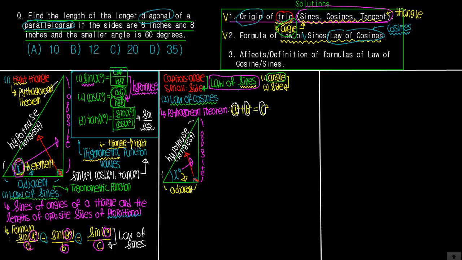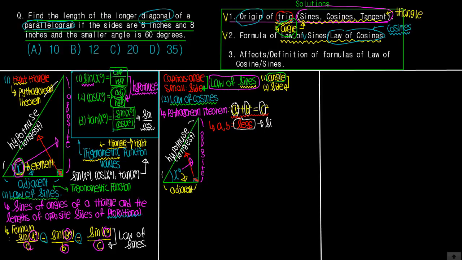And from here, we can apply the Pythagorean theorem: a squared plus b squared is equal to c squared, where a and b are the legs. What are the legs?